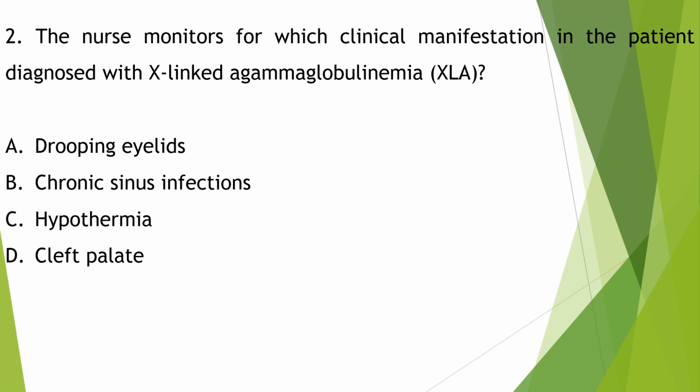I will tell you about XLA. XLA is mainly because of B cell deficiency. It is an example of B cell deficiency. B cells, you need to know, are involved in the production of the humoral immune response. Humoral immune response means the antibody response.